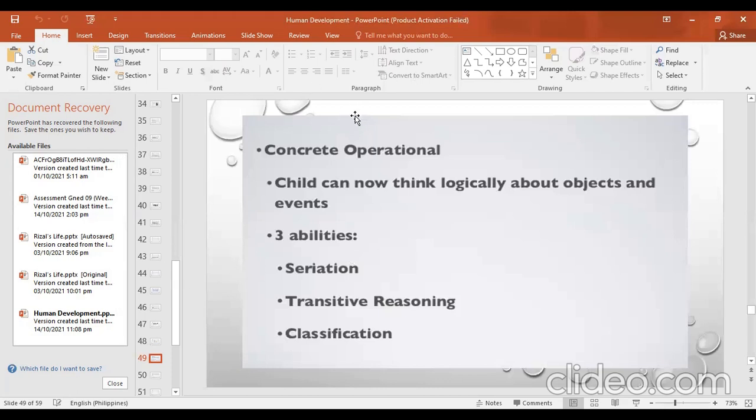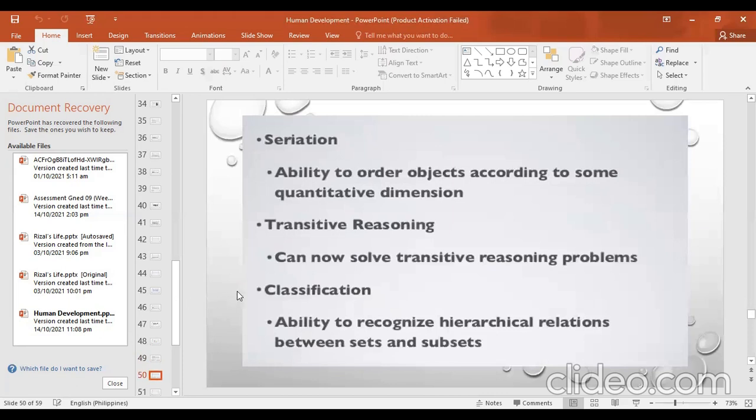So, three abilities when we talk about concrete operational, we have seriation, transitive reasoning, and classification. Let's talk about this. So, when we talk about seriation, it is an ability to order objects according to some quantitative dimension.